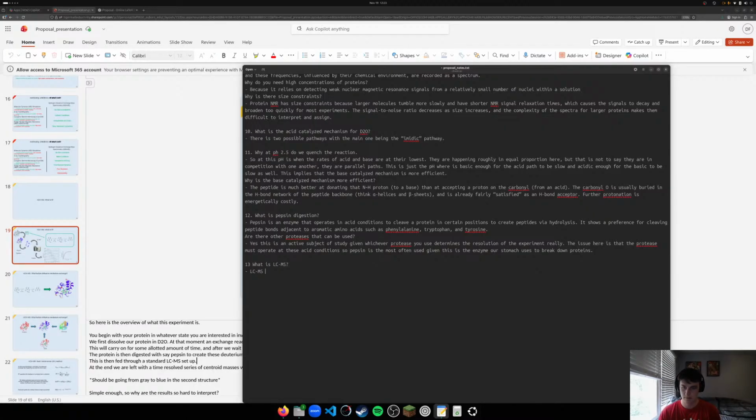LC-MS stands for liquid chromatography mass spectrometry.